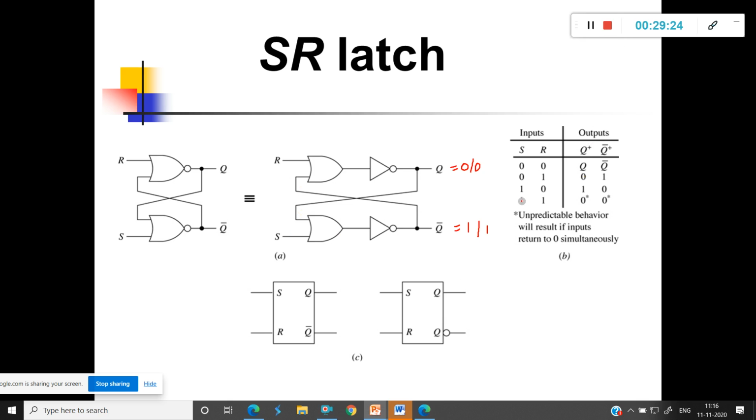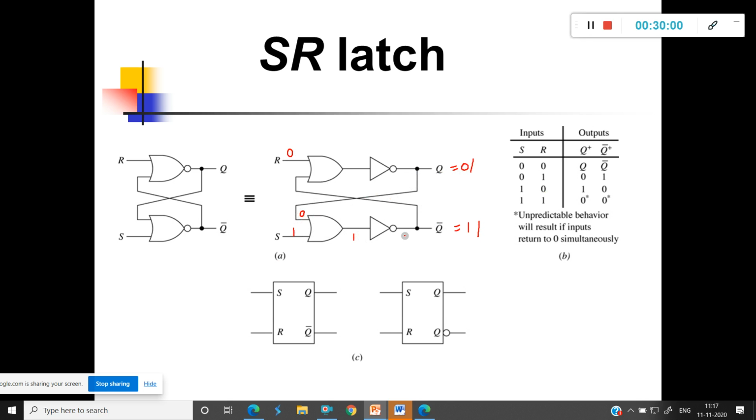The third row is S is 1 and R is 0. Assuming Q is 0, Q bar is 1. I have applied S is 1, R is 0. So this 0 will come here. 0 or 1, I will get 1 here.